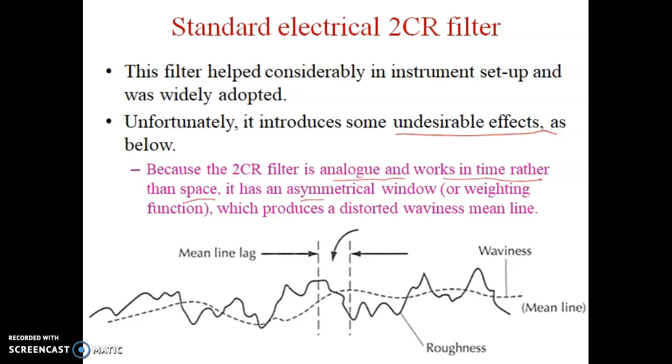So it has an asymmetrical window or weighing function, because these filters work with some weighing function, but here the weighing function is asymmetrical, which produces a distorted waviness mean line, because this mean line should be regular like this. But in this case, we can see that this one is a distorted one, so this is not a regular one. So that is the main disadvantage of using this 2CR filter.